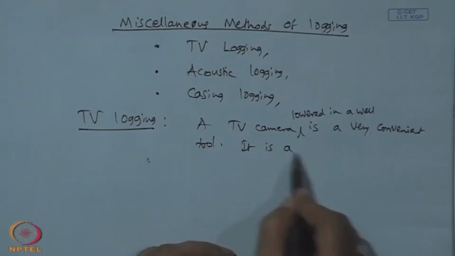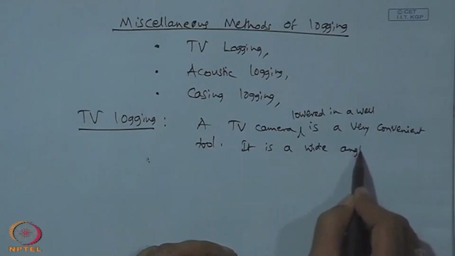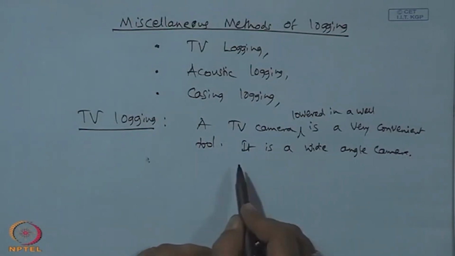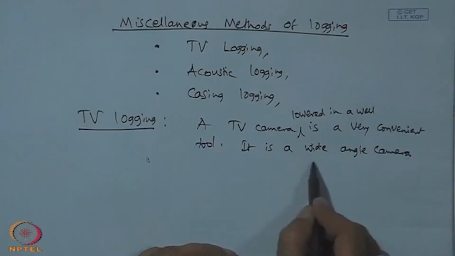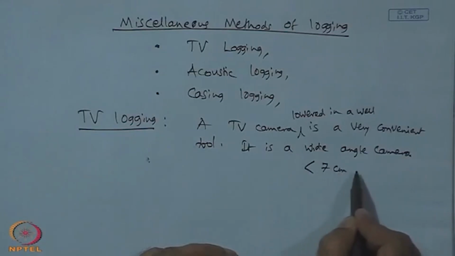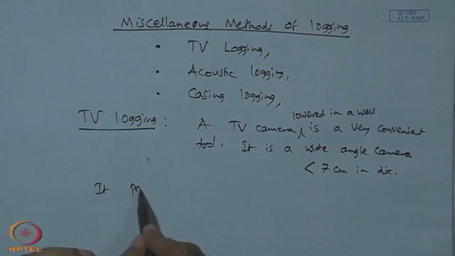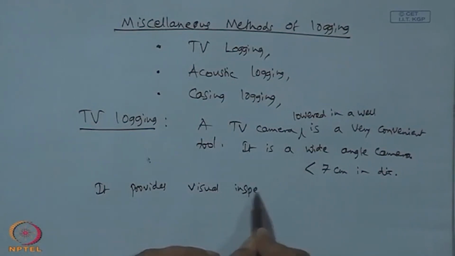It is a wide angle camera, typically less than 7 centimeter in diameter, and when it is lowered inside a well, it provides visual inspection of a borehole.